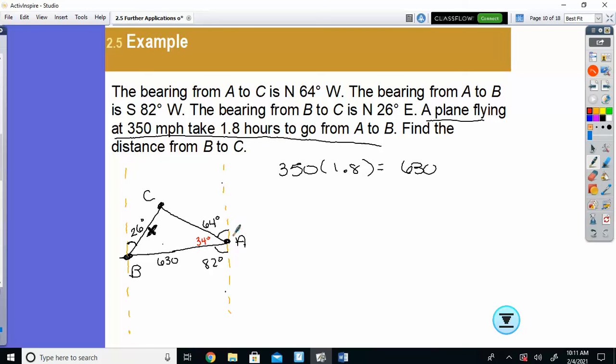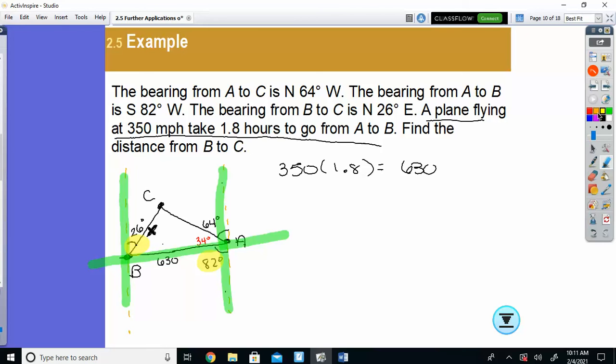I don't really have much at C, but I do have something. North-south lines are parallel, right? You have two parallel lines cut by a transversal, which means this 82 degrees, this also has to equal 82, right?